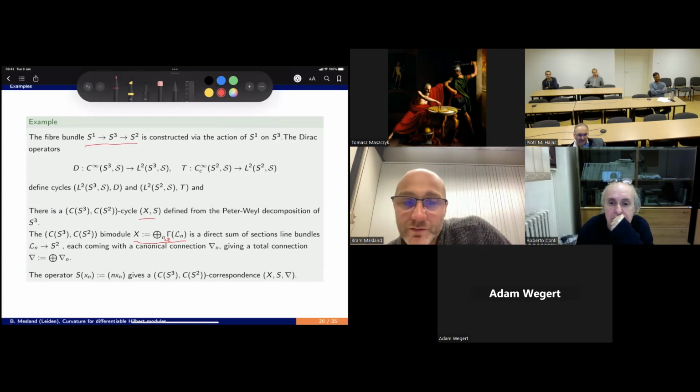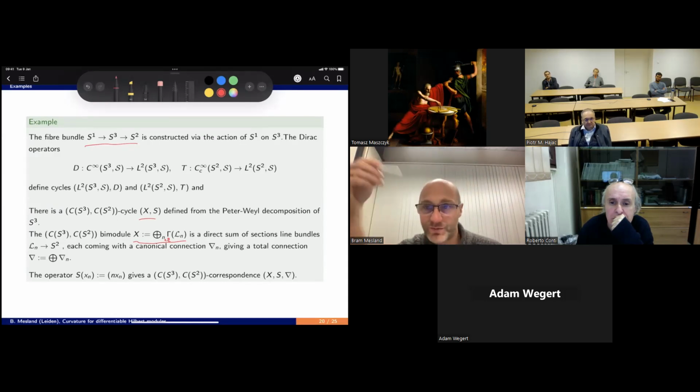Because this is precisely the Peter-Weyl comodule algebra of this fibration. Exactly. Yes. So that's the thing that appears here. And then each of these line bundles has a natural connection, and you can put them together, and this gives you one of these correspondences that satisfies the axioms on the slides before, linking S3 to S2.